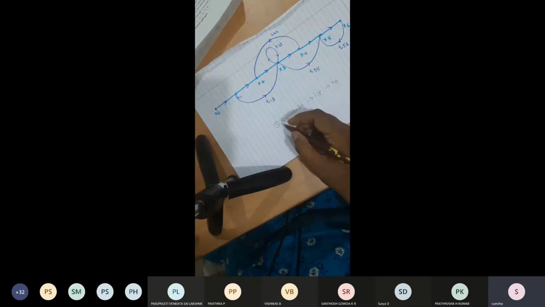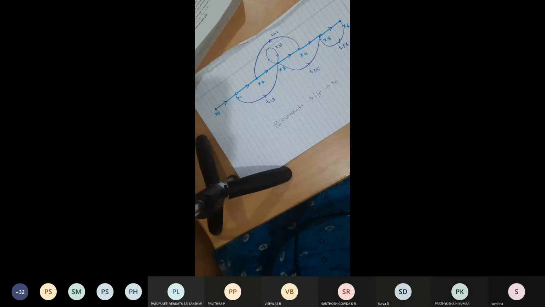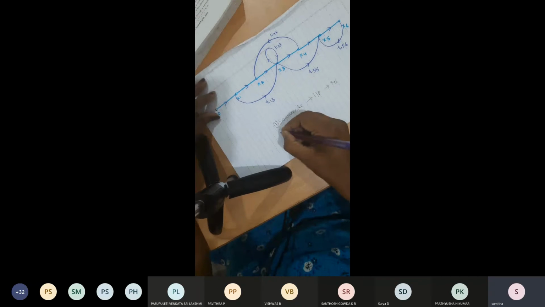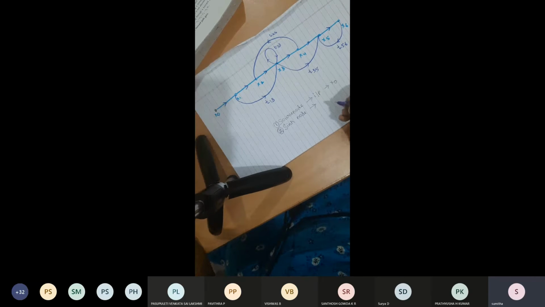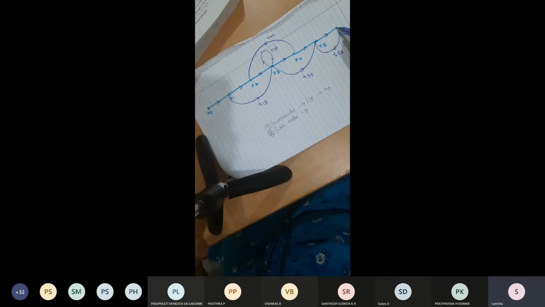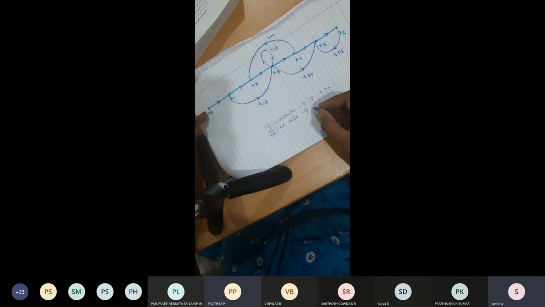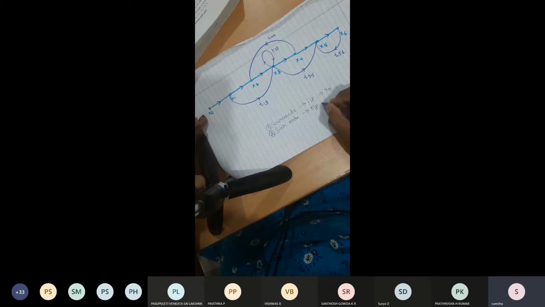Okay, now next, second point. Second one is sink node. Sink node means what? It is an accepting node. It will only accept. See this, you can see here. This is called the output, or you can also say it as X6.